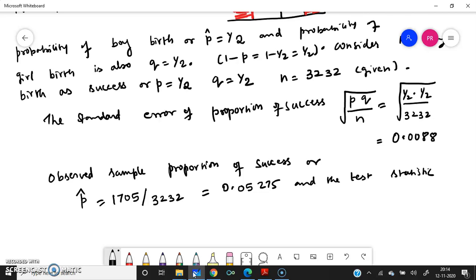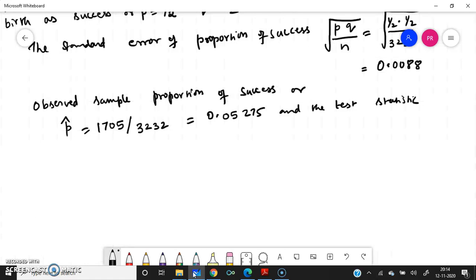We have to use the formula for the test statistic. What is the formula? We have to calculate Z because N is more than 30. It's very much more than 30, 3232. Using the law of large numbers, we have to see the Z table because all distributions with N more than 30 follow the normal distribution, by the law of large numbers and the central limit theorem.